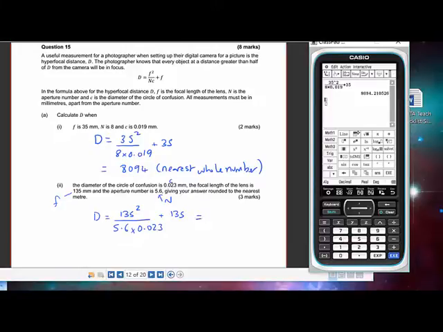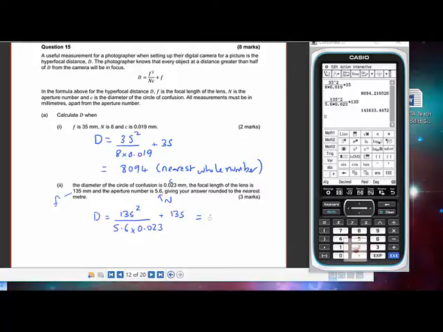So we have 135 squared over 5.6 multiplied by 0.023, and then we're going to add on to that 135.